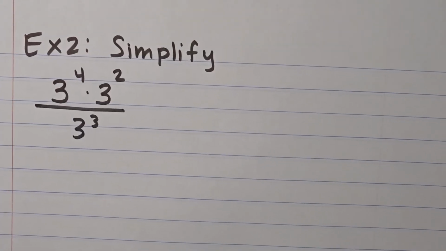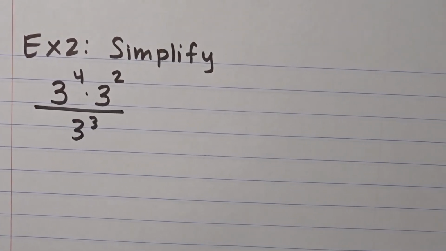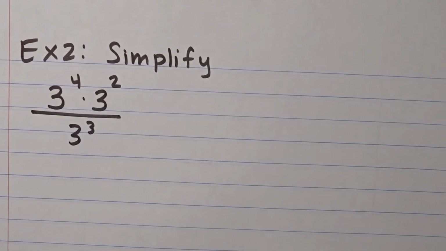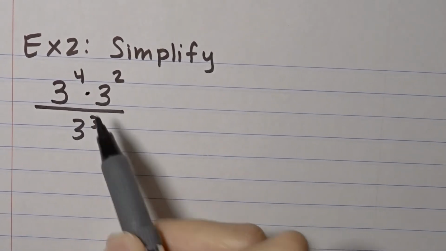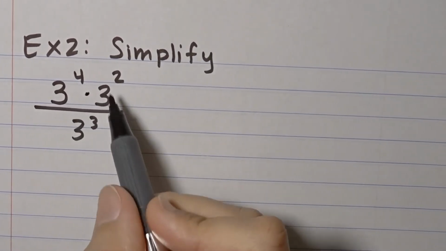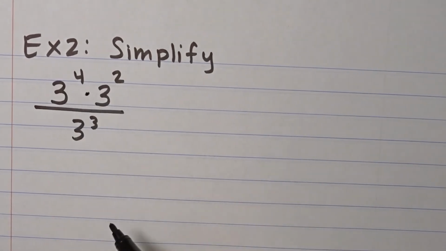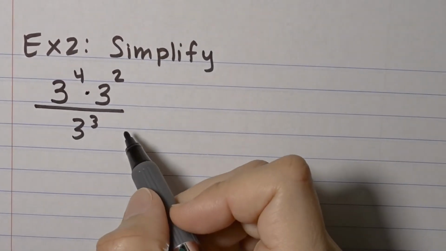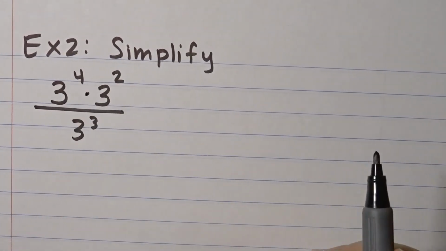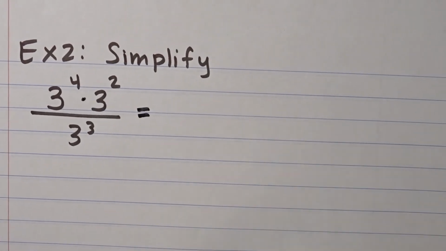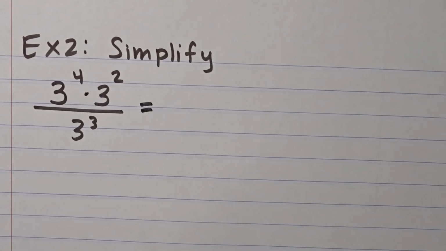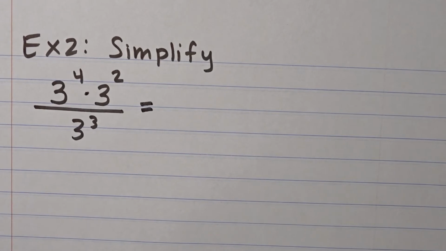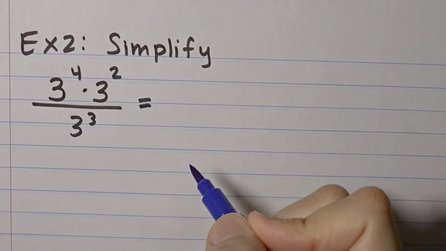Okay, all right, so here's example 2. Example 2 asks me to simplify this. Now, I notice that it's got multiplication in the numerator, and then after that gets simplified, I will have to divide it by 3 to the third. So it's going to be a two-step process. I'm going to use what I've learned previously with my numerator. I've learned that if I have the same base raised to two different powers, that is called product of powers.